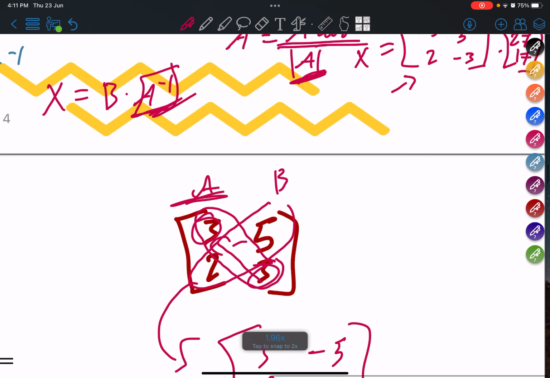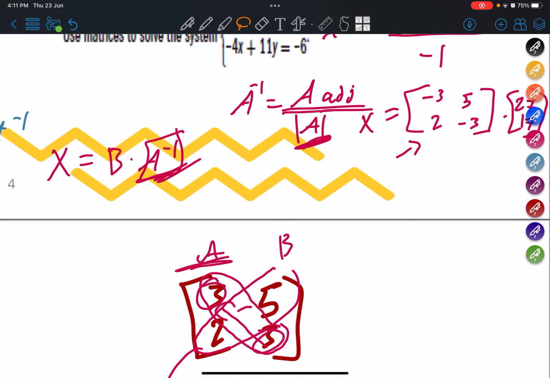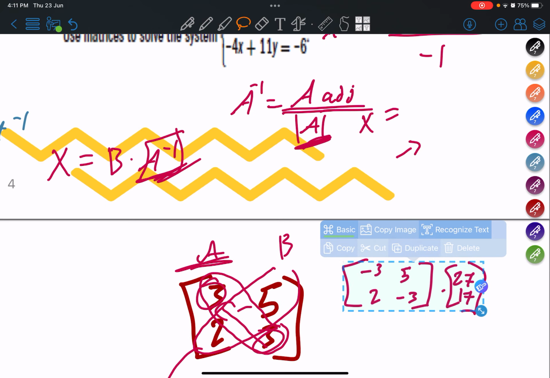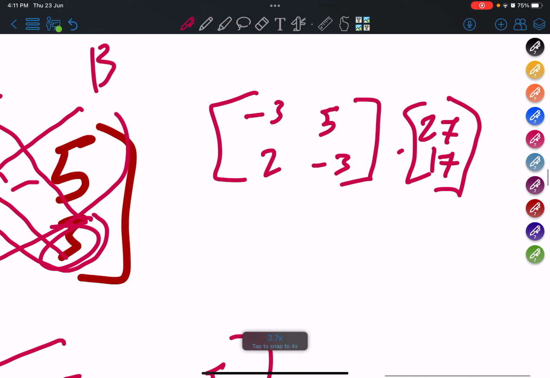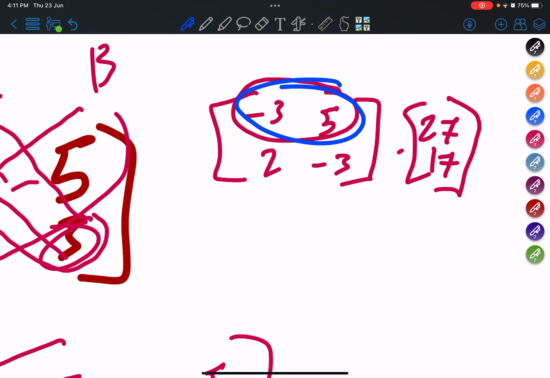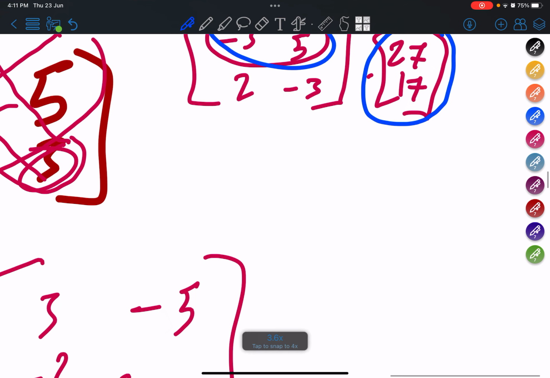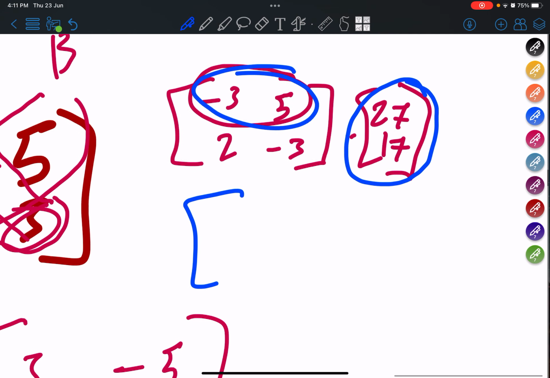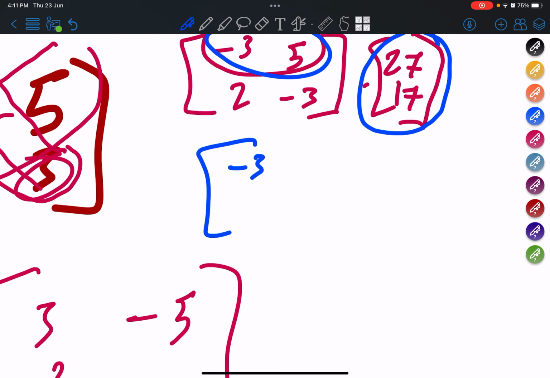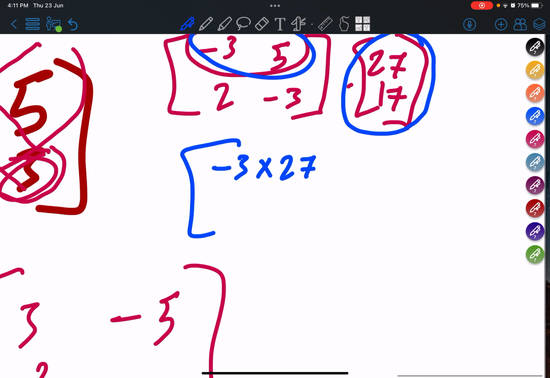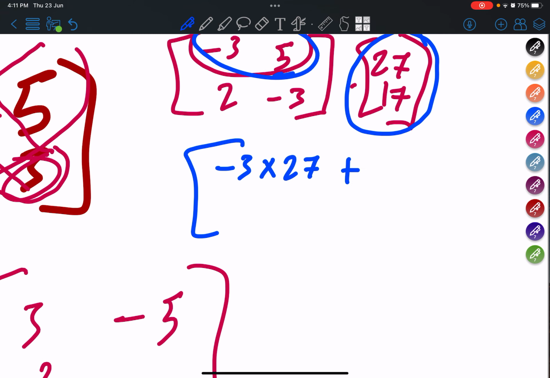Okay, so let's write this here. Let's just transform it. As you said, we'll take the first row times the first column. So it will become negative 3 times 27 plus 5 times 17.